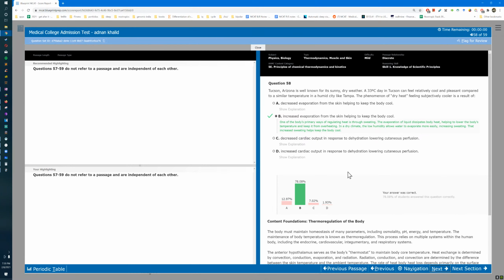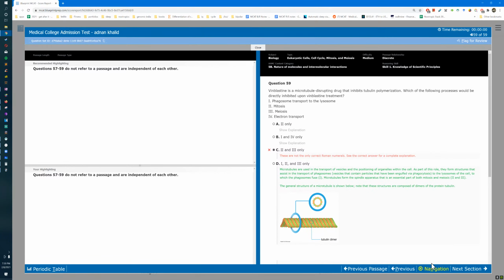But if the humidity is high, then there's too much water vapor in the air, and so your sweat isn't going to evaporate. So you're just going to feel like crap. Dry heat means that there isn't that much humidity, so your sweat will evaporate faster and you'll feel more cool.